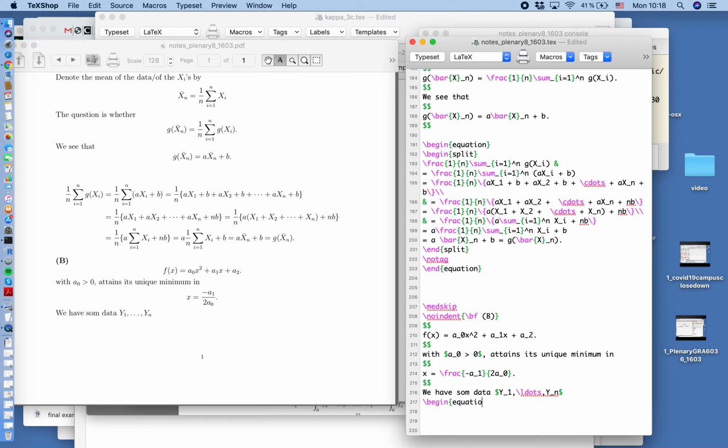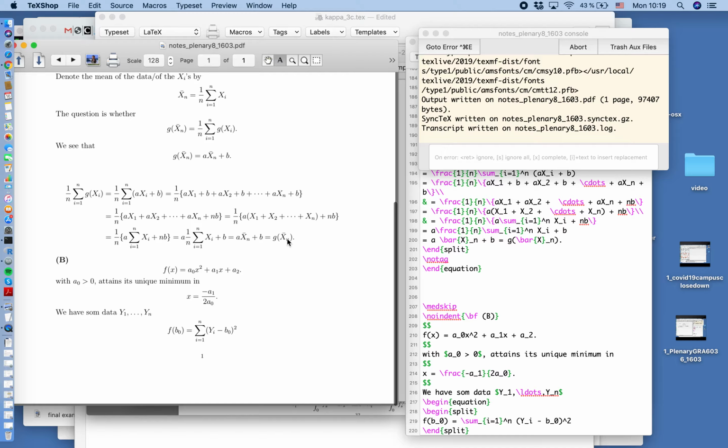Then we write down the function that we are going to minimize, show that this function is a second degree polynomial, and then use the information we're given to find the minimizer. So f evaluated in b naught is the sum from i equals 1 up to n of (yi minus b naught) squared. So this is the function.